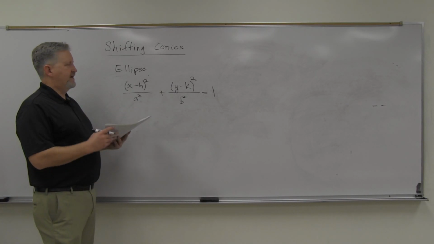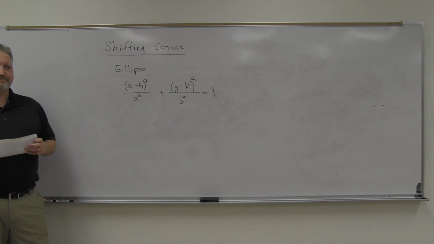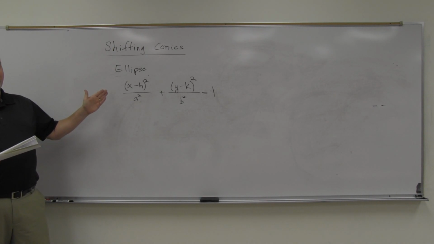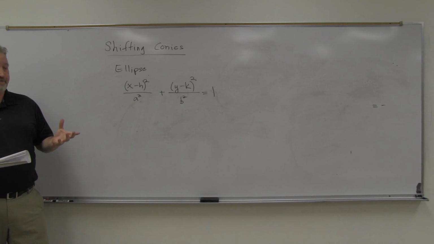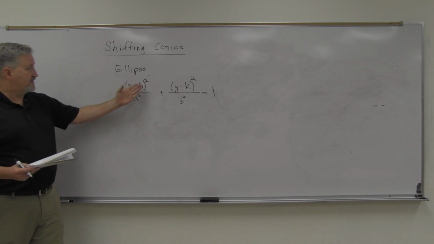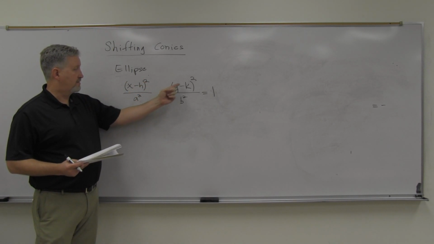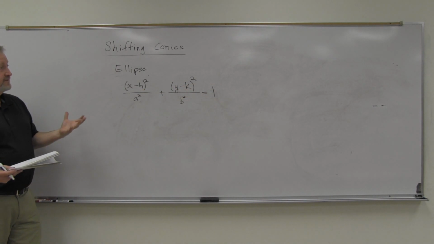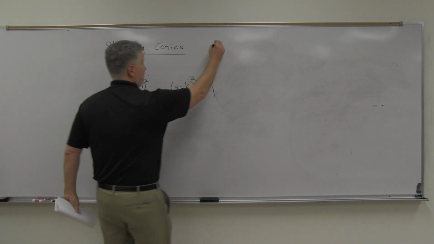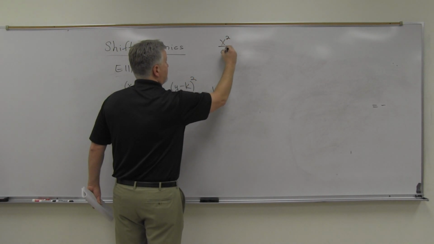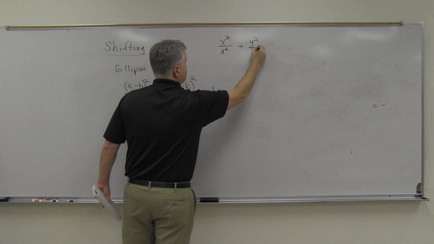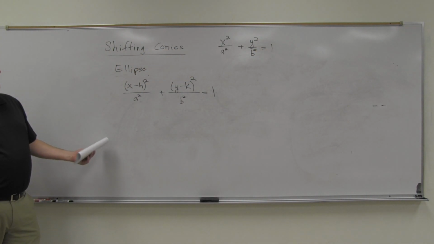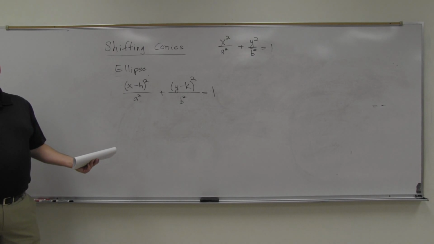If we have an equation that either begins looking like this, or we can put into this form, where you've got (x minus h) squared over a squared plus (y minus k) squared over b squared equals 1, that is hopefully obviously related to what we talked about last time: x squared over a squared plus y squared over b squared equals 1.